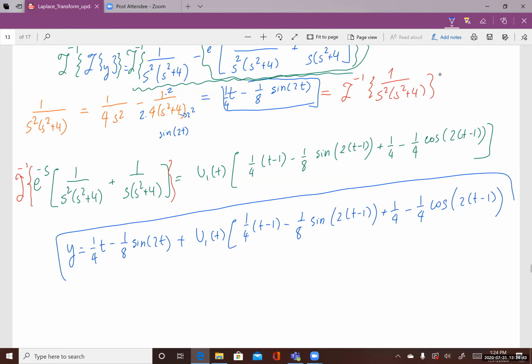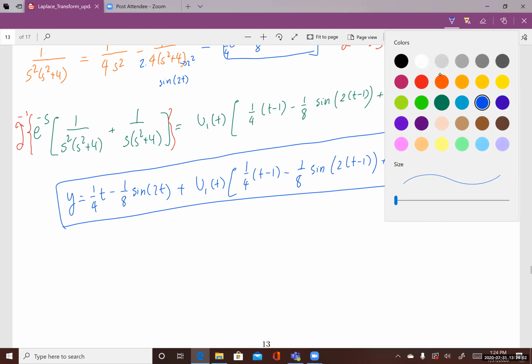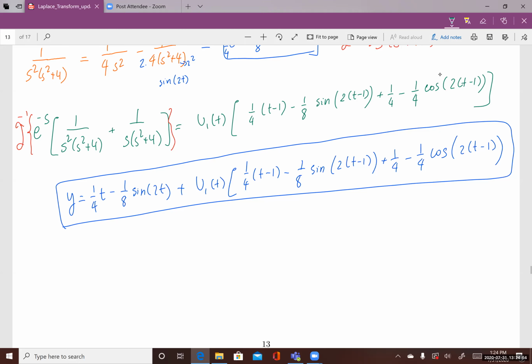Pretty long solution. Well, the next question is, can I rewrite this solution in terms of a piecewise function? So this is the function where we started.